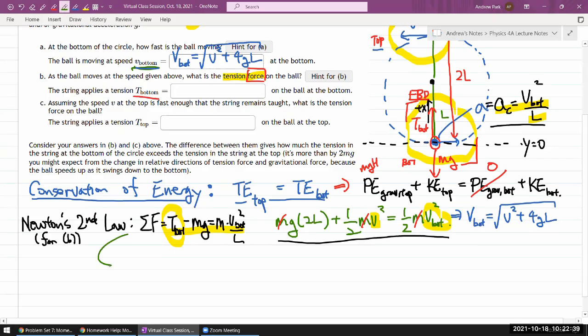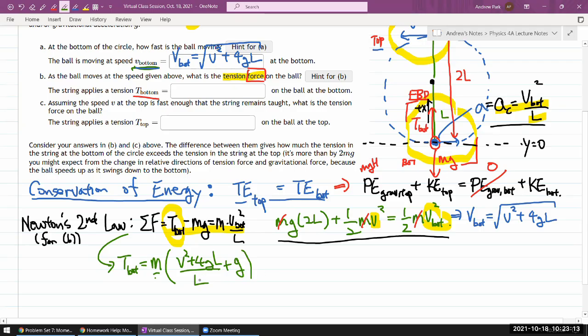So tension at the bottom of the swing is going to be equal to, let me factor out the mass m. So m times speed at the bottom squared, so it will be this quantity, v squared plus 4gL divided by L. And then from moving the gravity over, I had plus mg over m, so I have plus g.